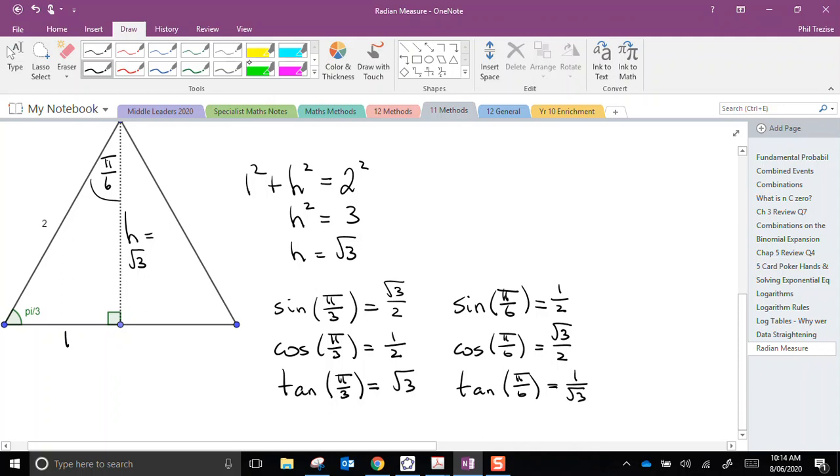Now there's a couple of interesting relationships here. The root 3 over 2, root 3 over 2. It looks like the sine of that angle equals the cosine of its complementary angle. Remember, angle and its complement are the ones that add to 90 degrees. What about this one?